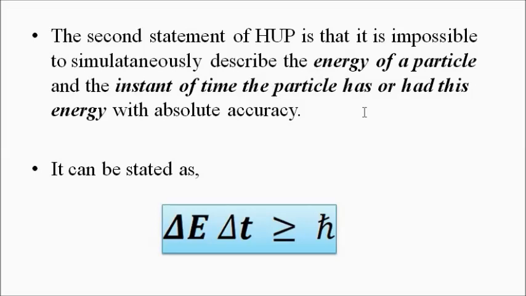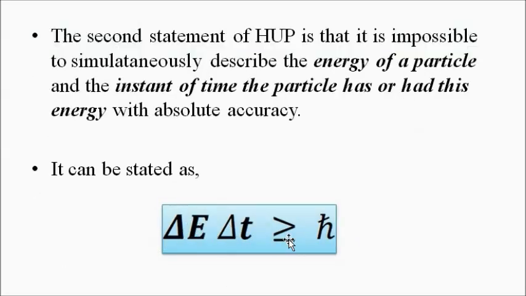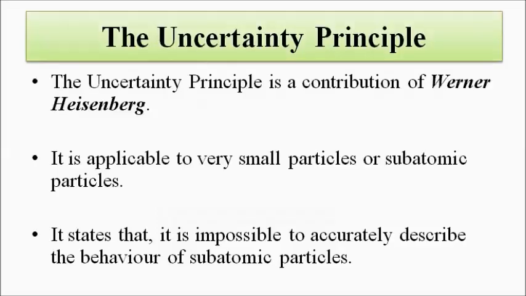This relates the energy of a particle and the time at which the particle had that energy. So the first statement correlates momentum and position, the second involves energy and time. So this is the Heisenberg uncertainty principle.